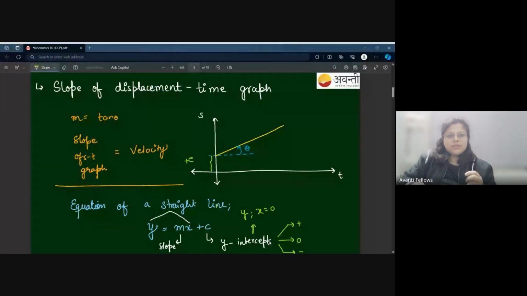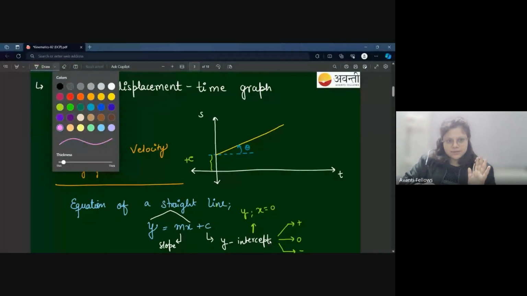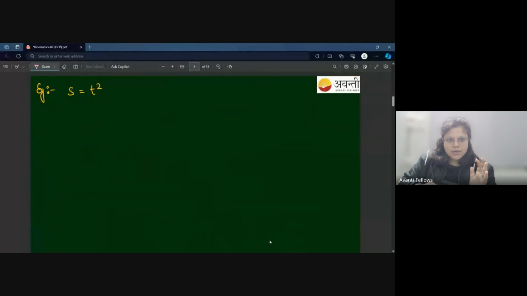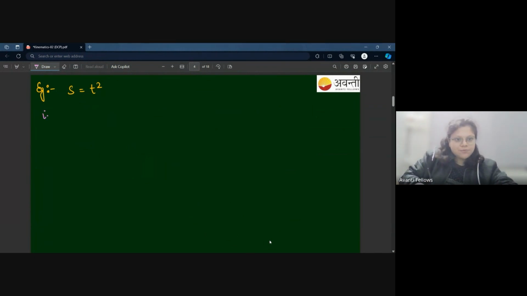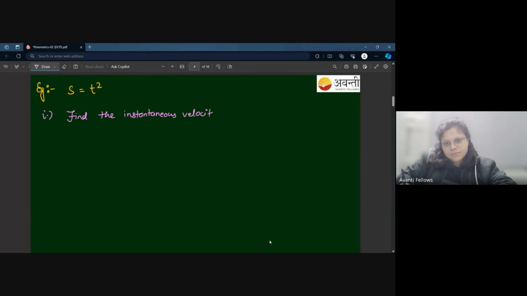So these are the things that we have already discussed in the last class. Okay, here I have a question that you have to find. I'm giving you a question. We have x equals t square. The first part of this question is: find the instantaneous velocity at t equals 4 seconds.